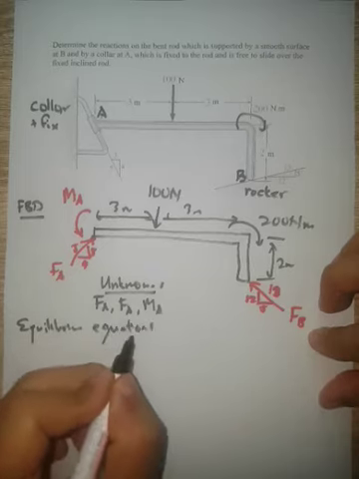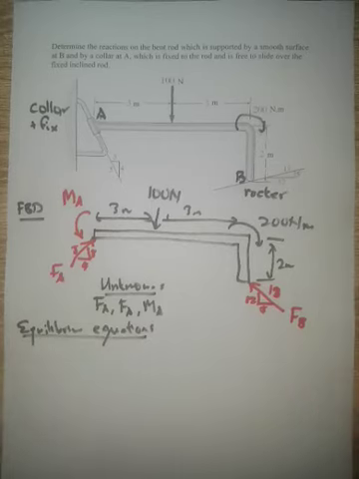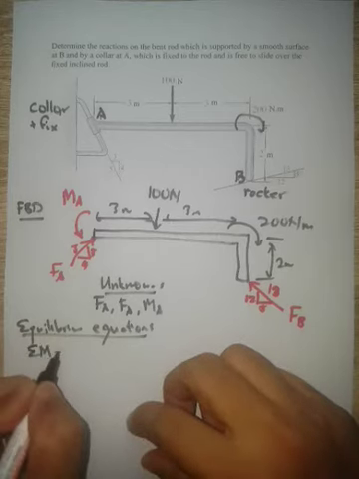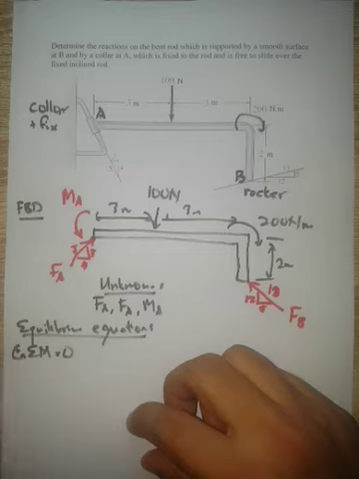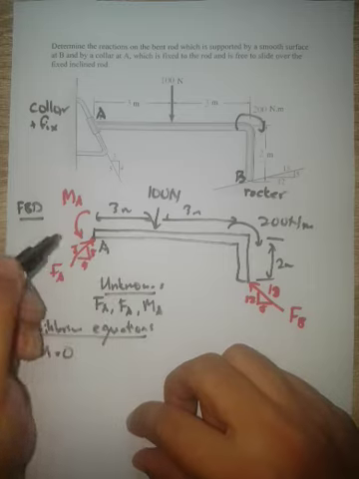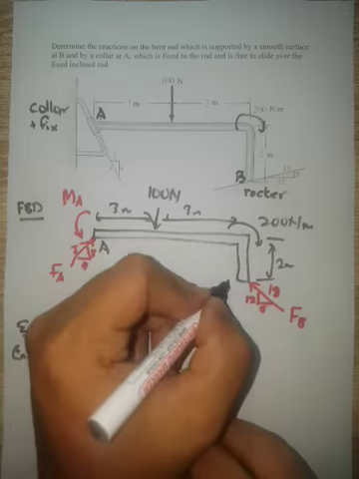The first equation that we can use here is the total of moment equal to 0, counterclockwise positive. Here is joint point A, here is point B.